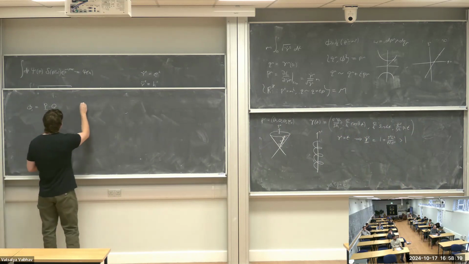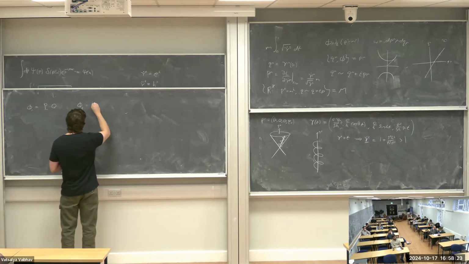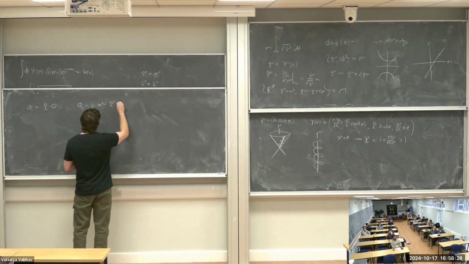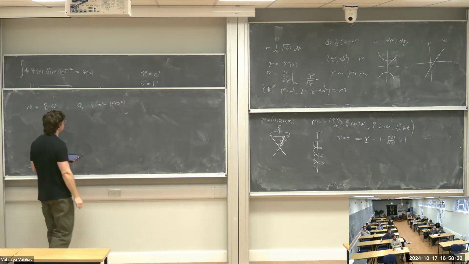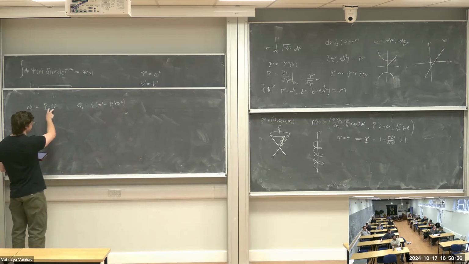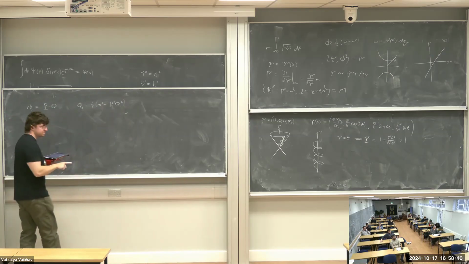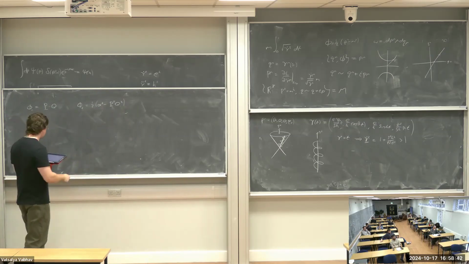And the second one tells us that big P squared times big Q squared has to be equal to alpha. So you can see immediately they have two vectors which are orthogonal, but they can't be null. So these are two space-like vectors.